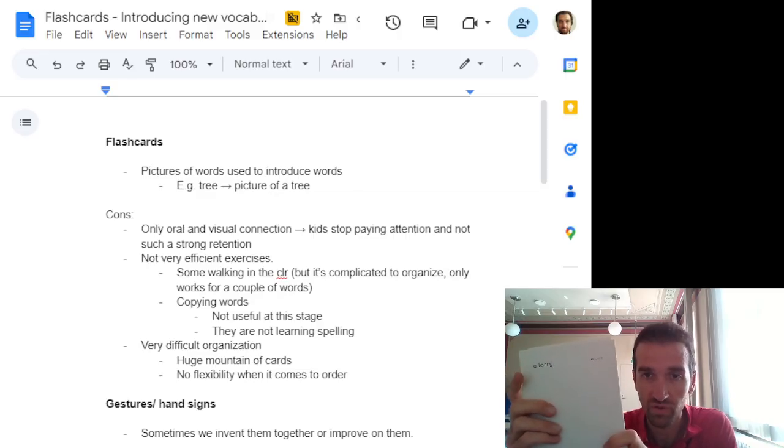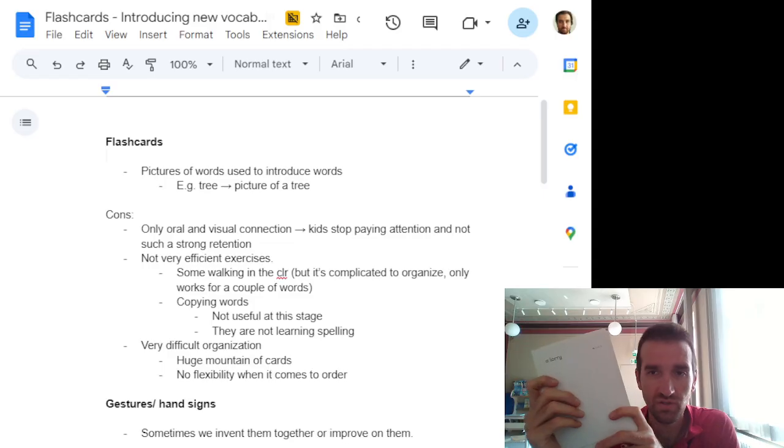They find the word and then they start copying, and they start writing it down. Now, they are still so young that the letter combinations just don't make sense. So it's an exercise that is way too difficult at this early stage.